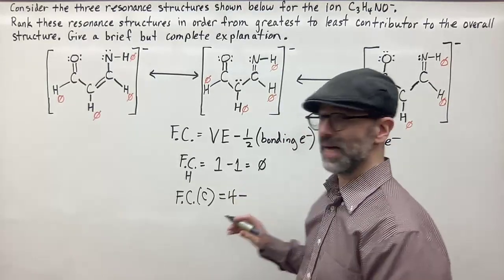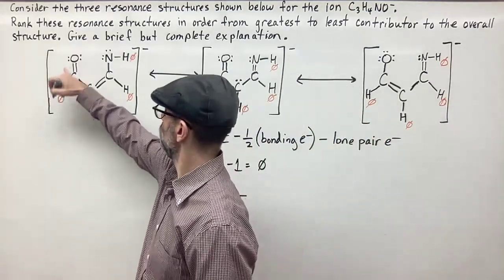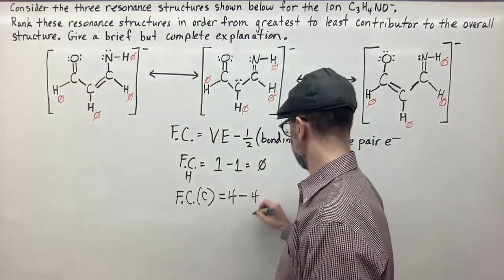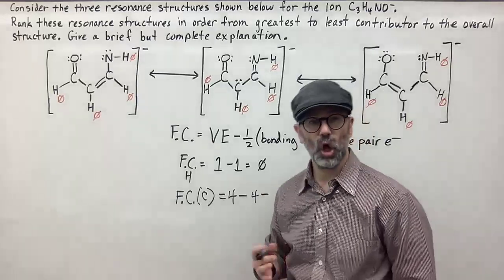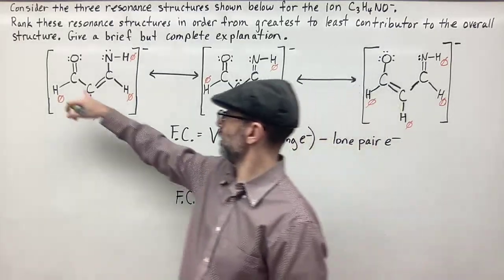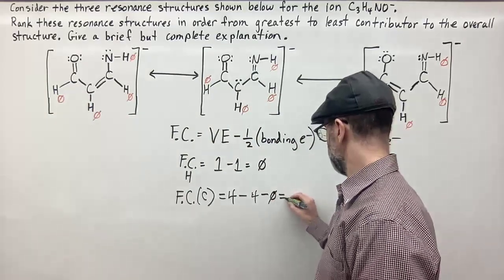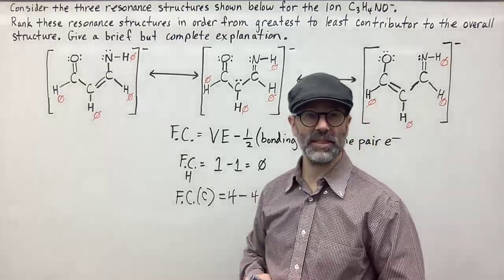We're going to subtract out 1 electron for each bond. This one has 1, 2, 3, 4 bonds, so we're going to subtract out 4. And then we're going to subtract out lone pairs, but carbon doesn't have any lone pairs here. So that's going to be 0. And so the overall formal charge is going to be 0.